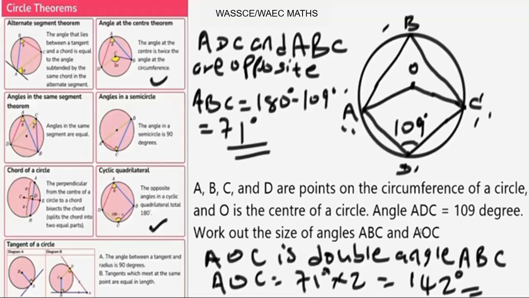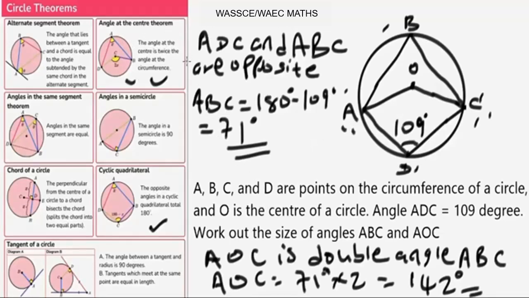The next question says AOC. Now, since angle ABC, which we just found, and angle AOC both come from chord AC, we have to make use of the rule which states that the angle at the center is twice the angle at the circumference. That's the angle at the center theorem.